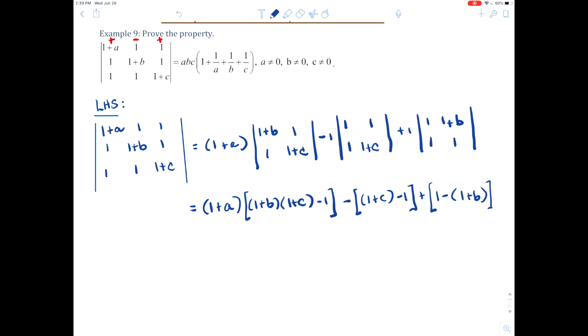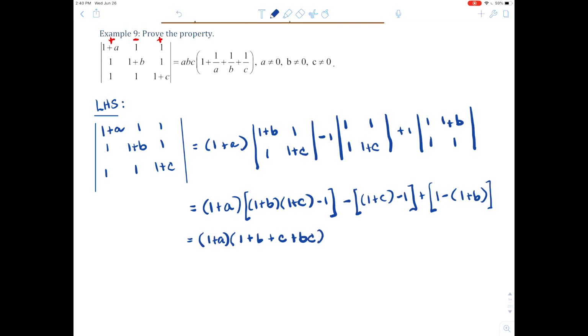Cool? Okay. So here we go. We will have 1 plus a times 1 plus b plus c plus b times c.